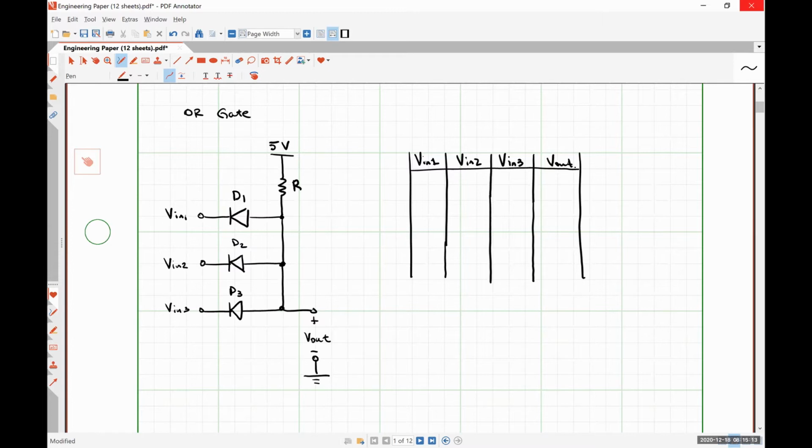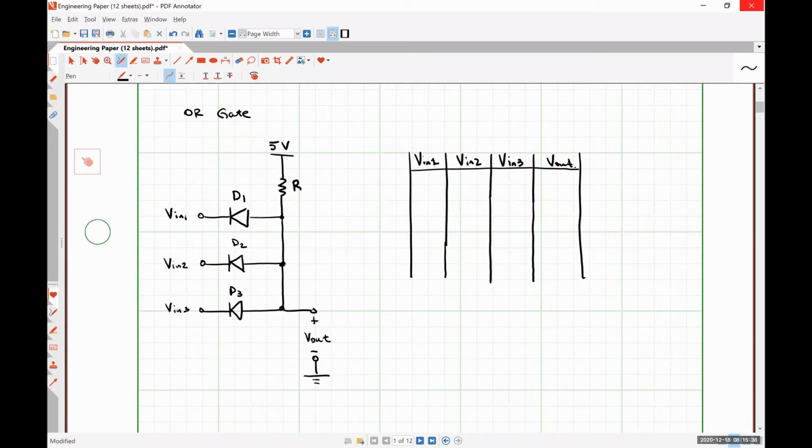Right. So this is the cathode, this is the anode. So if Vn, we're assuming not the ideal diode, but the constant voltage drop diode model, right?